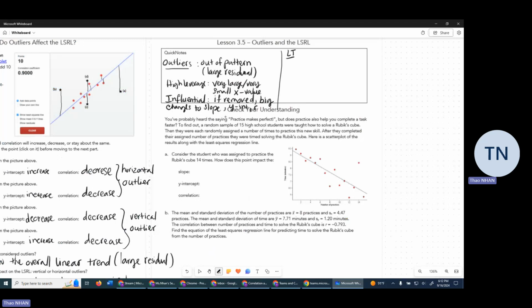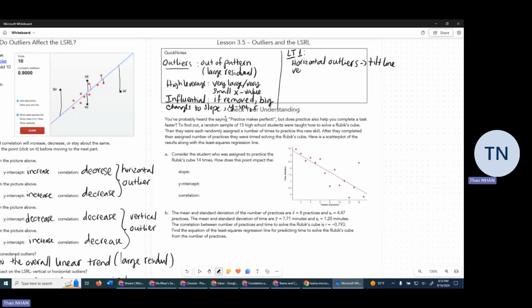So your learning target number 1 here. Remember we have horizontal outliers. They tilt the line.